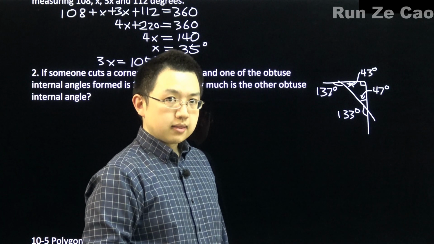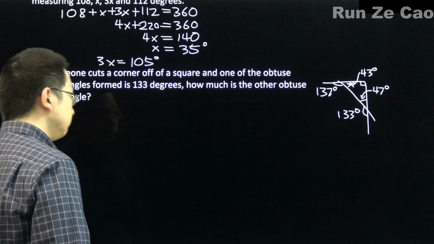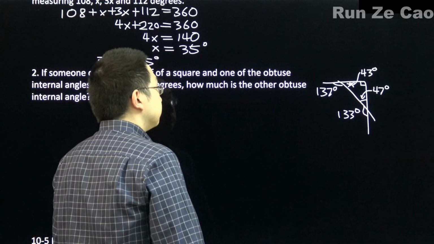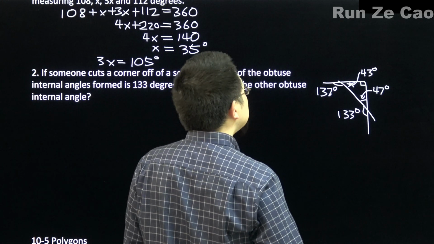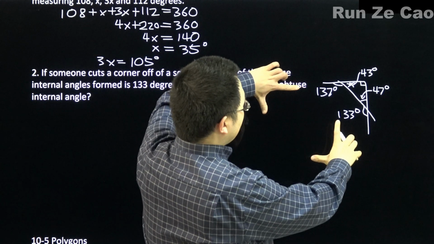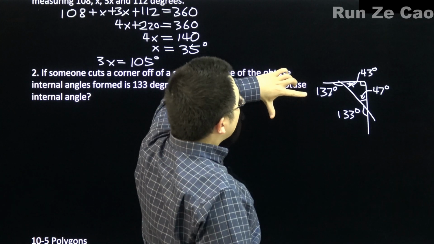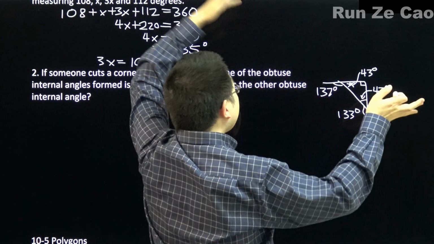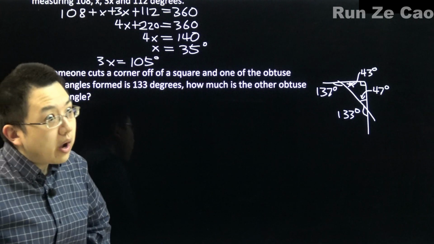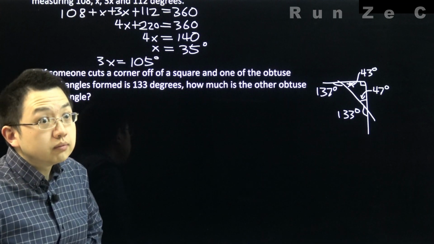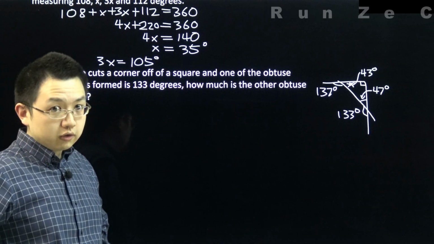What other method could you use? Well, for a quadrilateral, you can split the shape into two triangles. Alright then, what if you have a 5-sided polygon? You can split the shape into how many triangles? One more triangle.